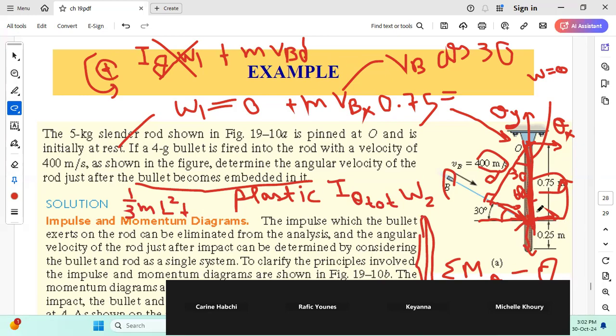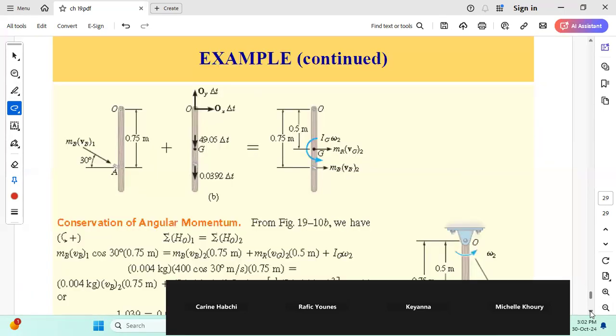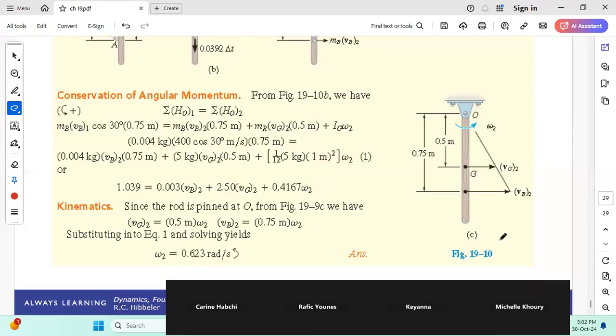Here the distance from the particle to O is 0.75, so plus mass of the bullet times 0.75 squared. This is how you calculate I total. The only unknown in your conservation of angular momentum is omega 2, so you can solve for its value.